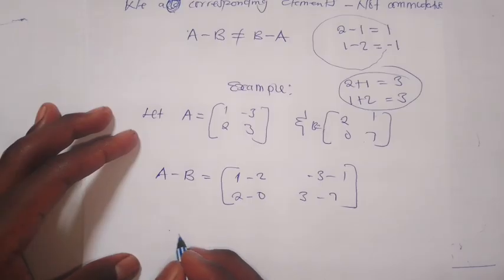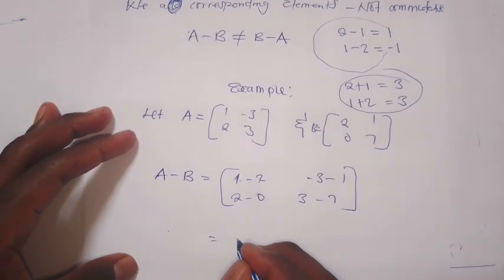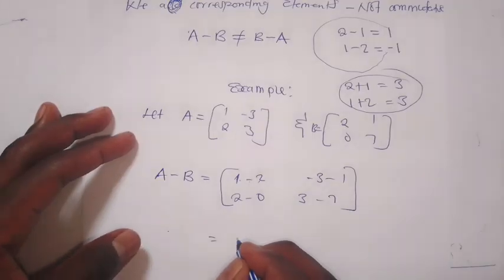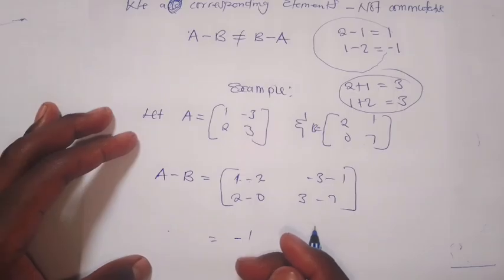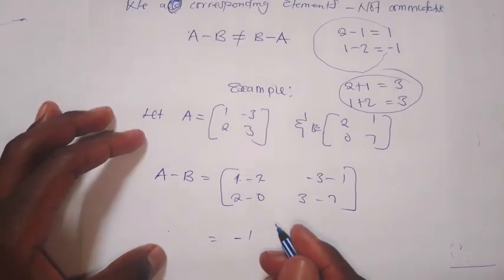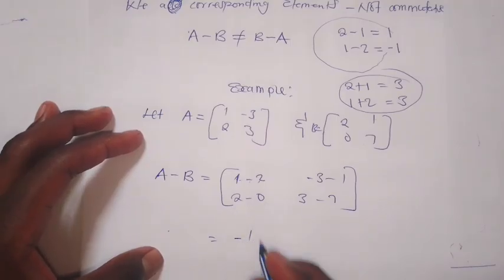Then 1 minus 2 is equal to negative 1. Then 2 minus 0, we're going to remain with 2.